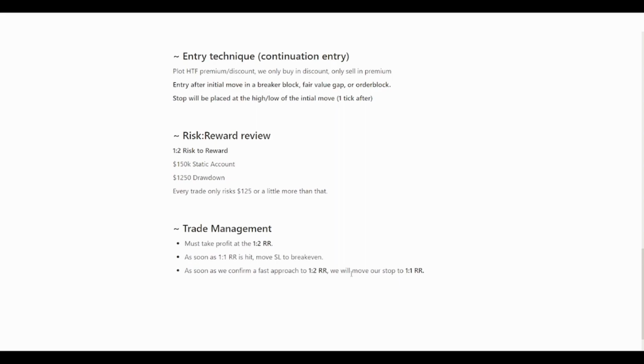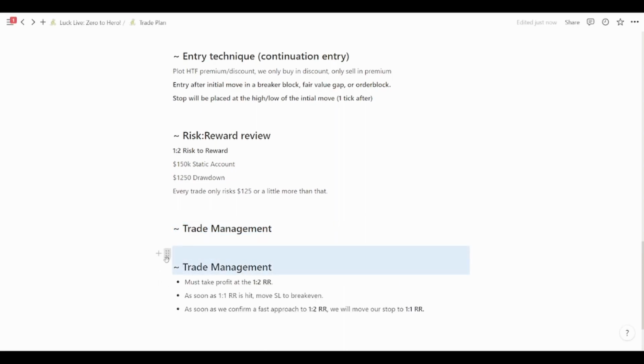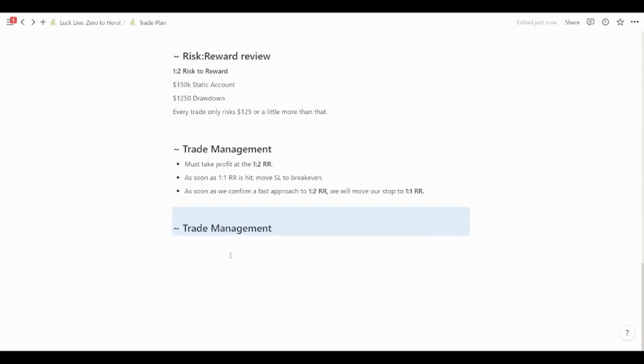So in terms of general mindset, oh, that's what I forgot. The more you know. In terms of risk operations, here's what we're gonna do.